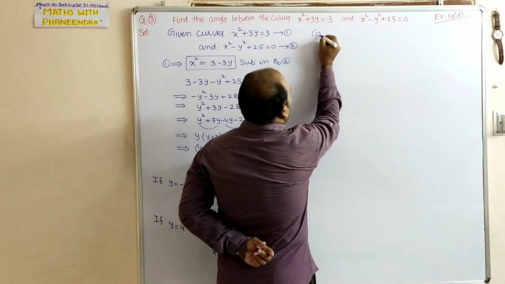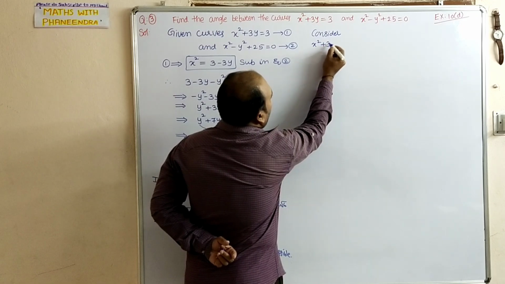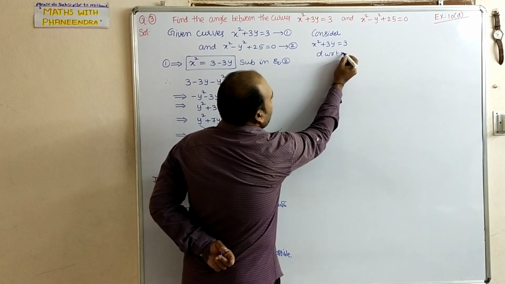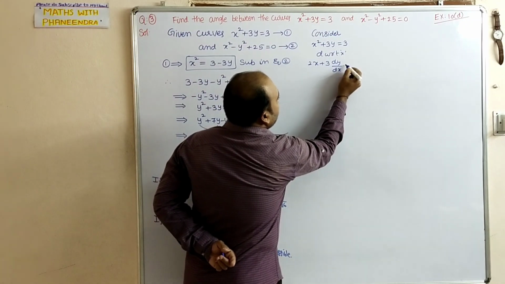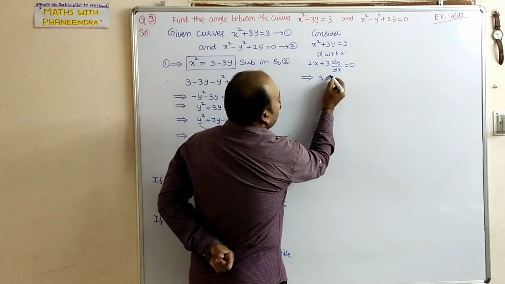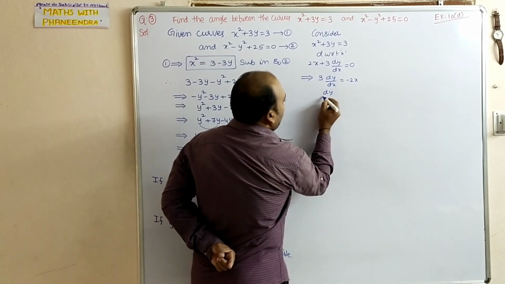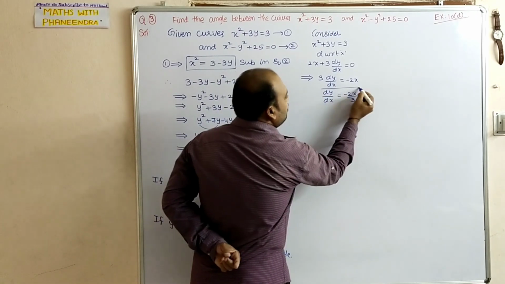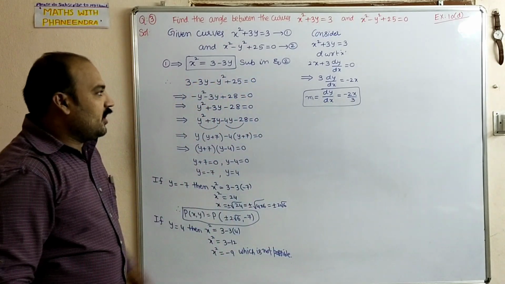Consider the first curve, x square plus 3y equal to 3. Differentiate with respect to x: 2x plus 3 into dy by dx, which is equal to constant derivative is 0. That implies 3 into dy by dx is equal to minus 2x. So dy by dx equal to minus 2x by 3. This is the first curve slope, so I am assuming this is m1. m1 at what point?